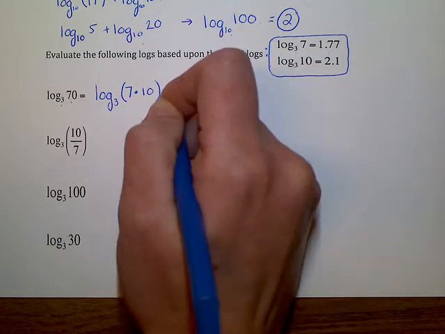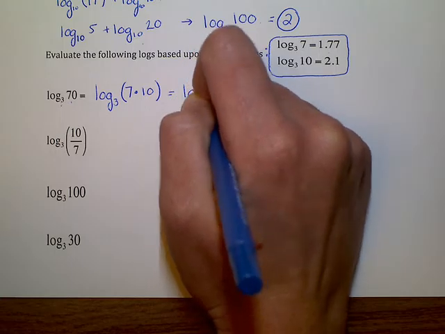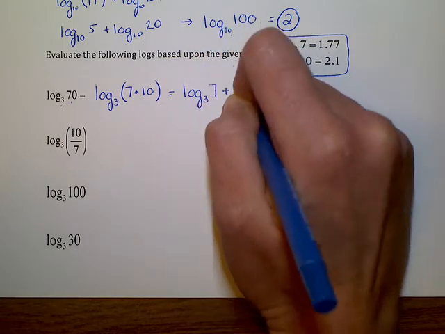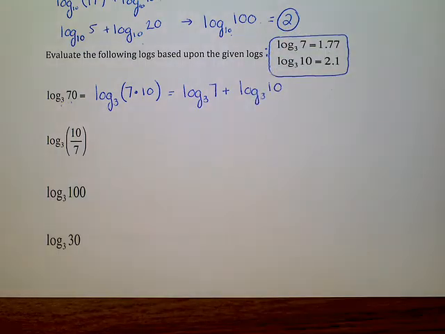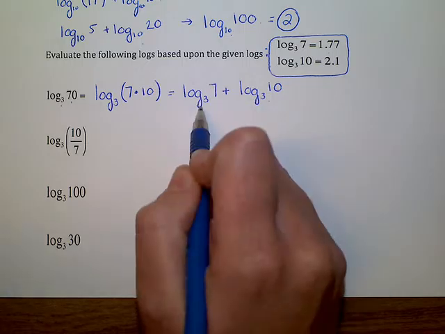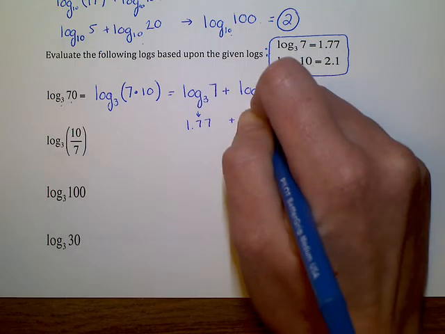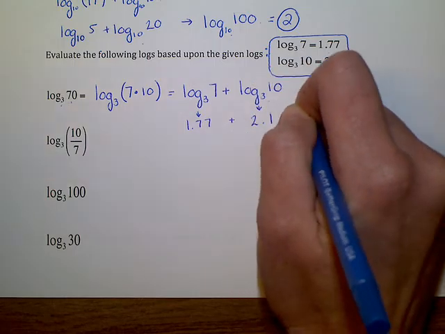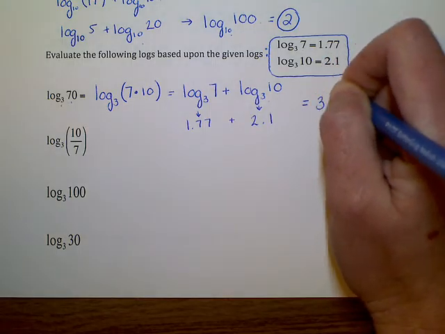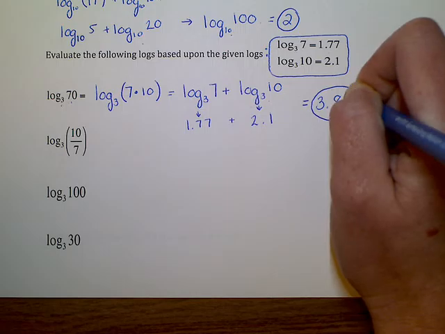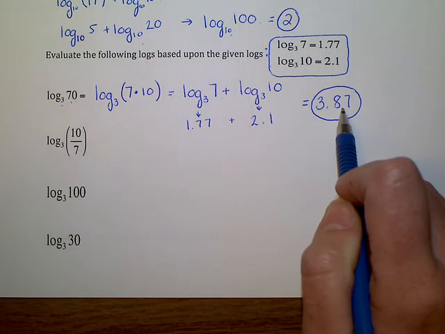And I know that I could actually expand that into 2 logarithms by adding those 2 logarithms together. And those 2 logs, I know what they're equal. This first one's equal to 1.77. This next one's equal to 2.1. I can add those together, and that's going to get me 3.87. So the exponent that I would put on 3 to get 70, 3.87.